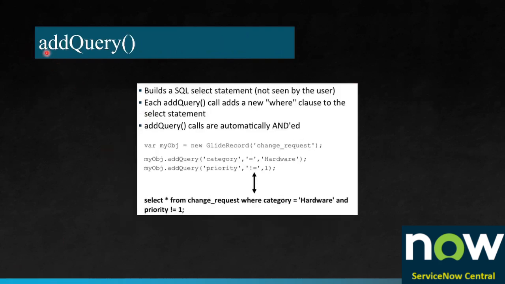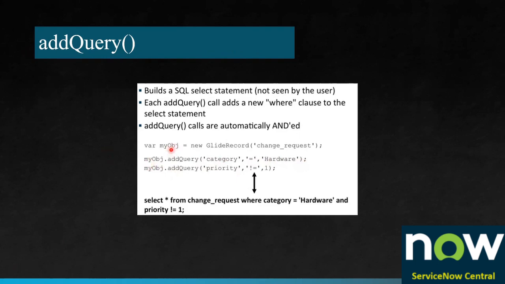Next is addQuery, wherein you build up certain conditions. First you said which table you want details from: the change table. Now under what condition? I want to write category equal to hardware.